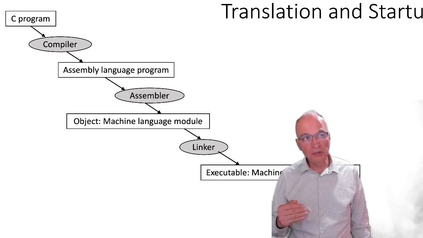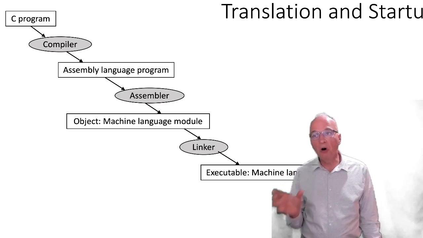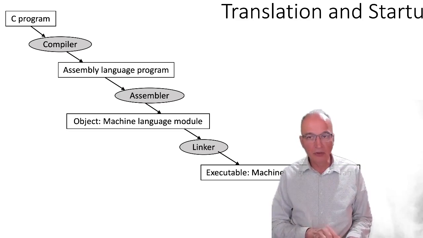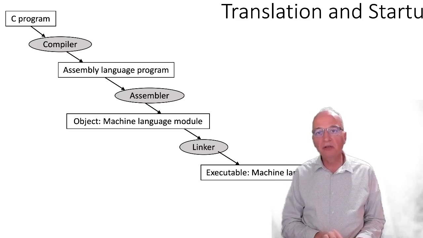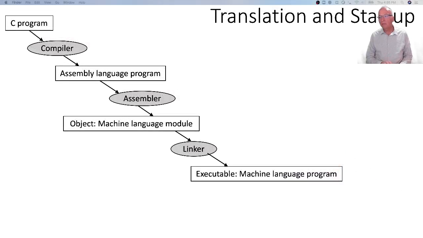And now, after we have that module already assembled, we go to the executable, that's the actual machine language program. For that, you need to link the machine representation of multiple modules.